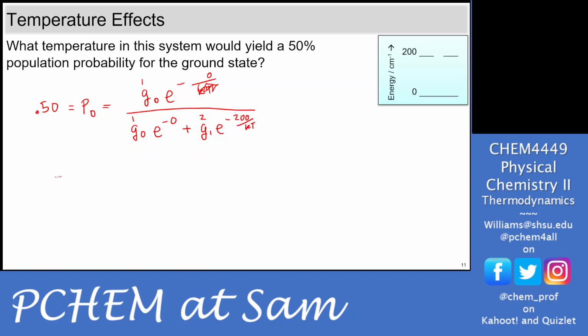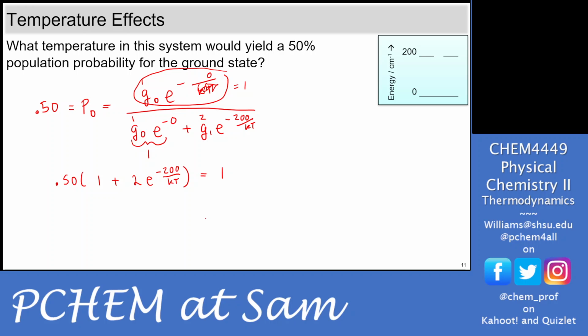Okay. And so then we have 0.50 times, and this is a 1, so this piece is equal to 1. 1 plus 2 times e to the minus 200 over kT. And that's equal to this top piece. What is that? That's going to be 1 also.